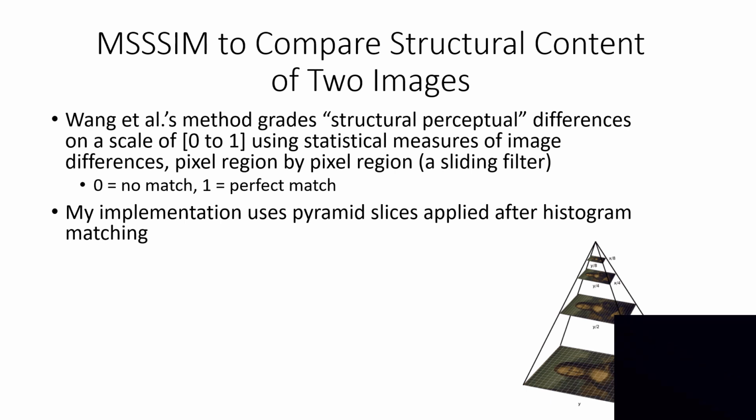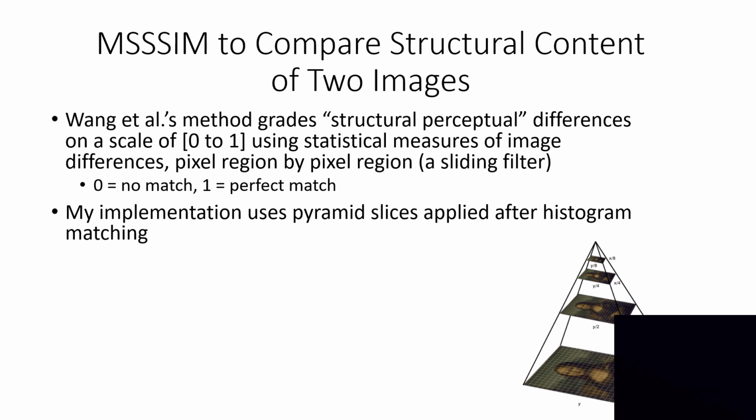If a pixel value is found that is 0, it means that that 11 by 11 square had no match whatsoever to the other image. If the number it outputs at the location is 1, it means those 11 by 11 pixels match each other perfectly in the two images.